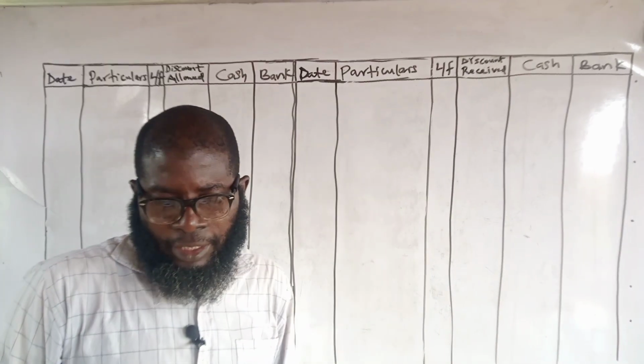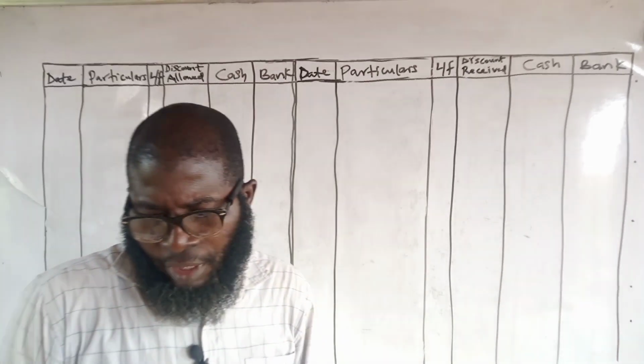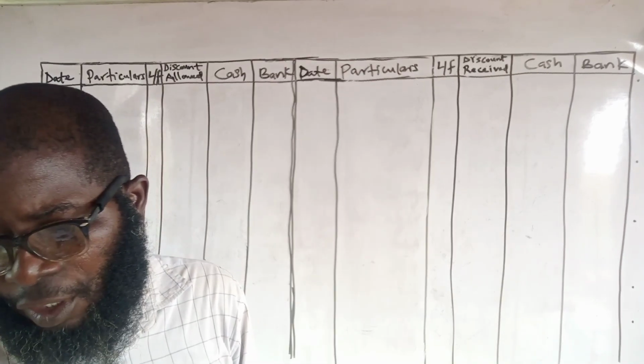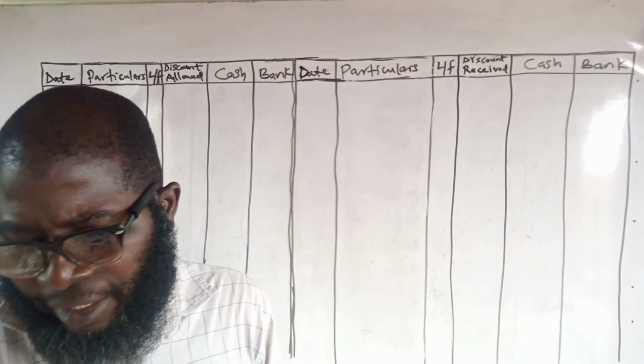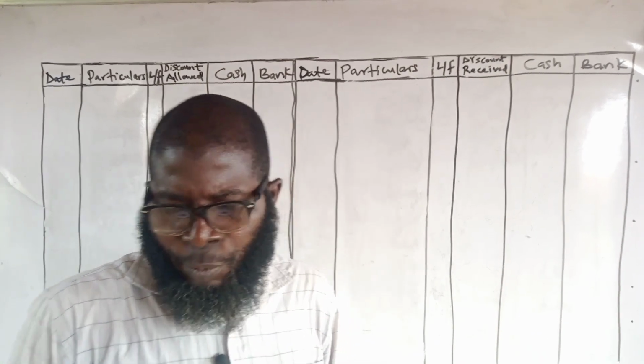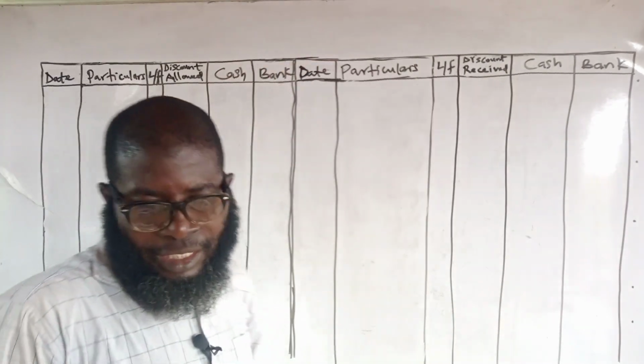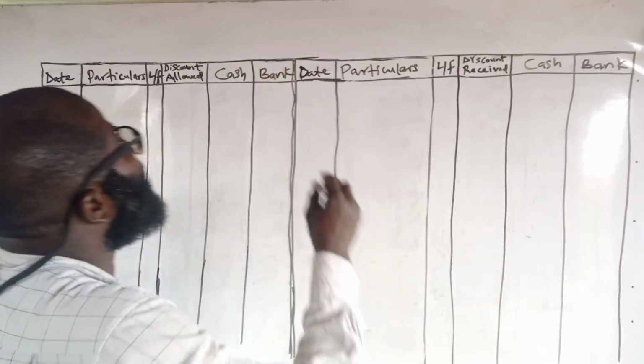Therefore, I will go to the reading of the question. Enter the following transactions of Richard Benson during the month of May 1998 in his 3-column cash book. The owner of this account is Richard Benson.